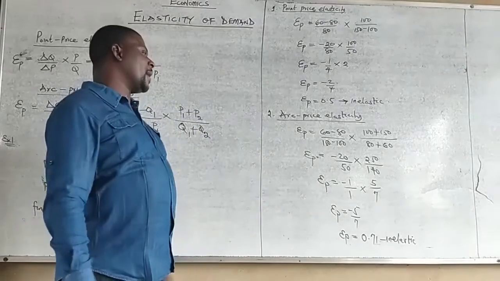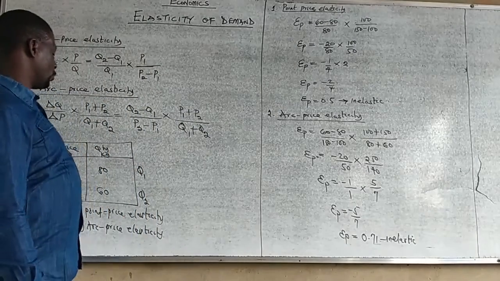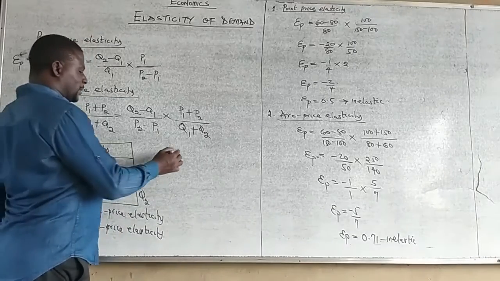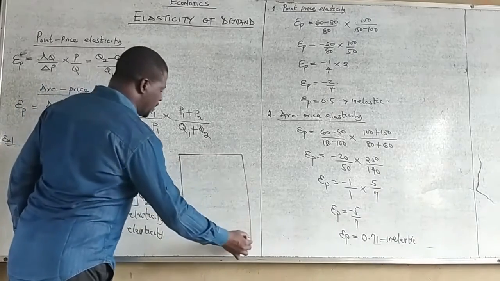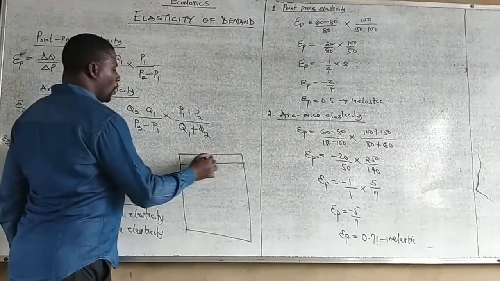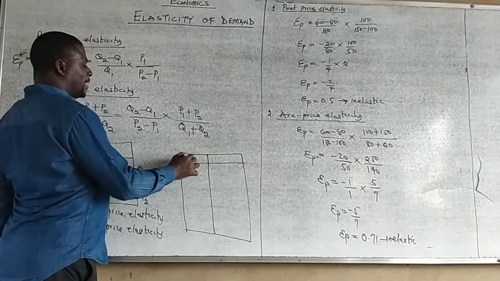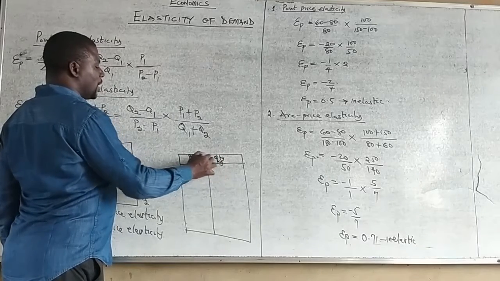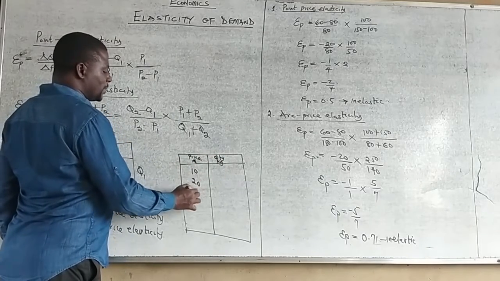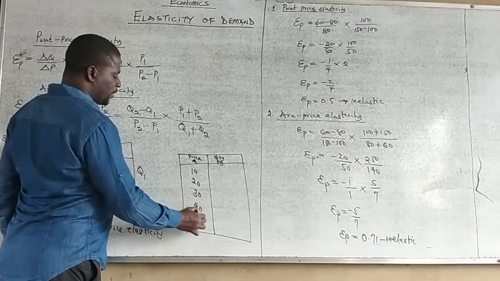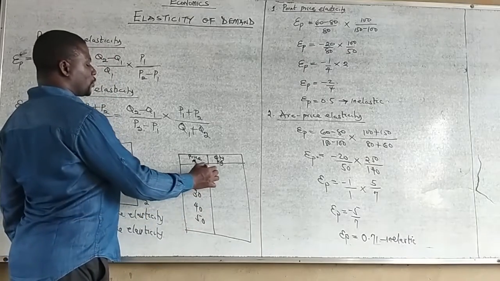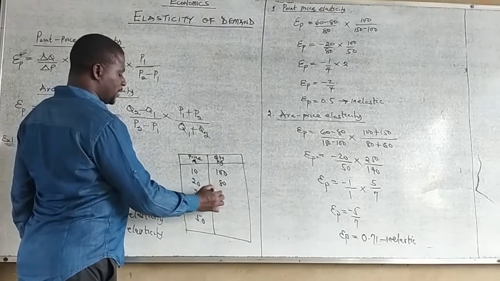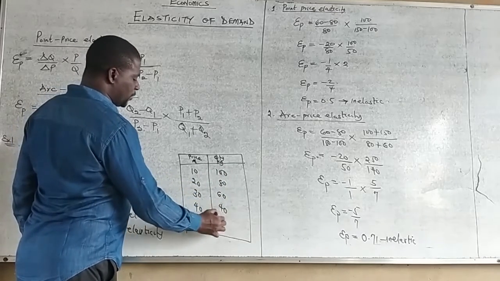The question can demand that you do any of the two. Now it's also possible that you will be given a series of figures, like they give you price and then they give you quantity, and then you are given 10, 20, 30, 40, 50, and then you are also given 100, 80, 60, 40, 20.